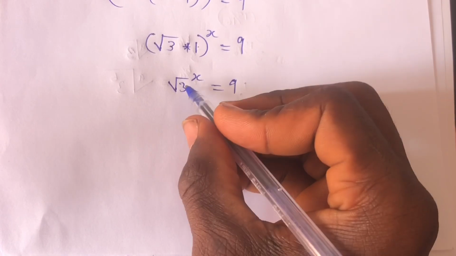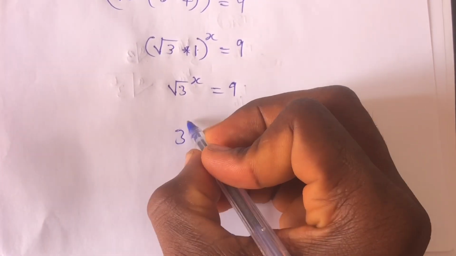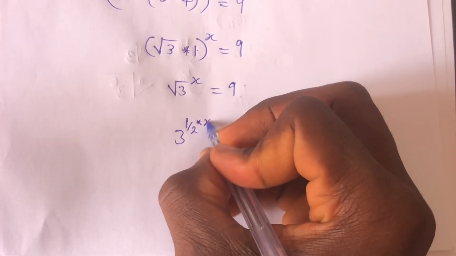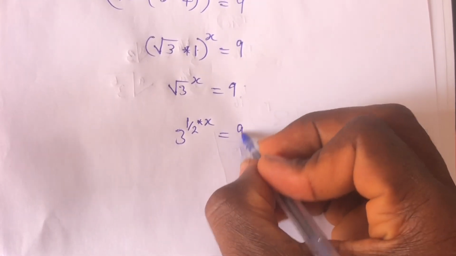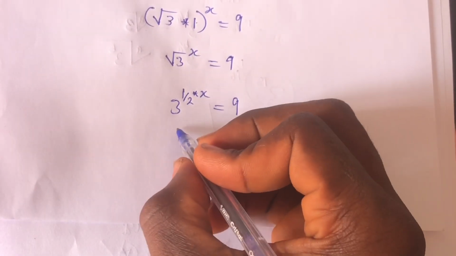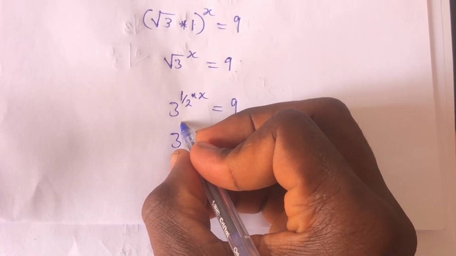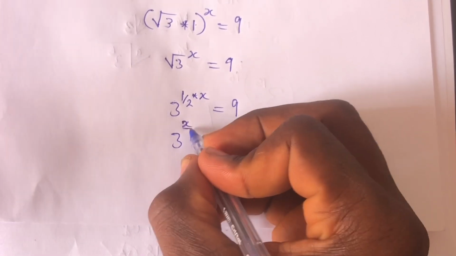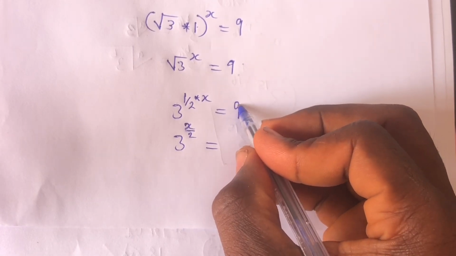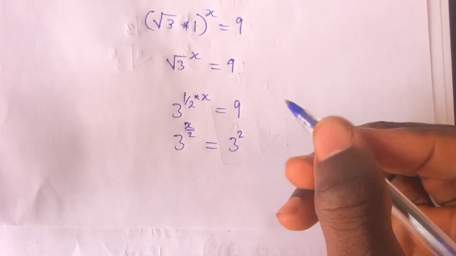And square root of 3 can be written as 3 raised to the power 1 over 2, times x, is equal to 9. And we can rewrite this and say 3 raised to the power x over 2 is equal to 9, and 9 here can be written as 3 raised to the power 2.